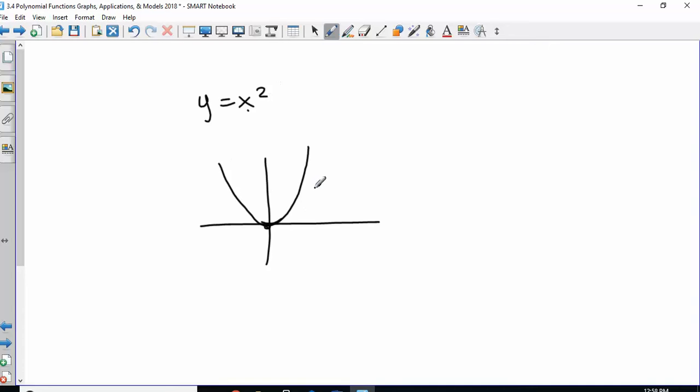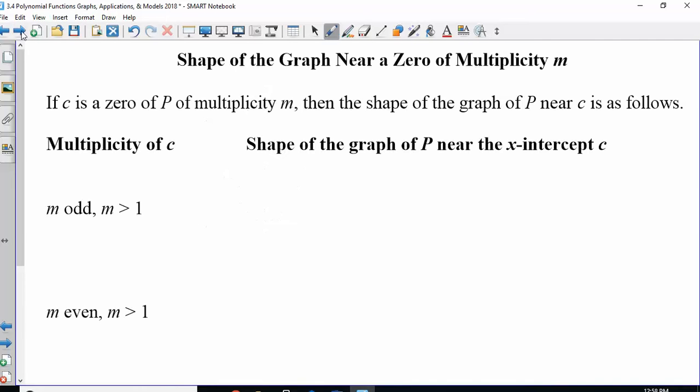When we had x to the 4th, it hit 0 and it bounced back up. When you have an even multiplicity, your graph will bounce at those zeros. So if it's even, the graph bounces. In other words, you hit the 0 and just bounce back off.